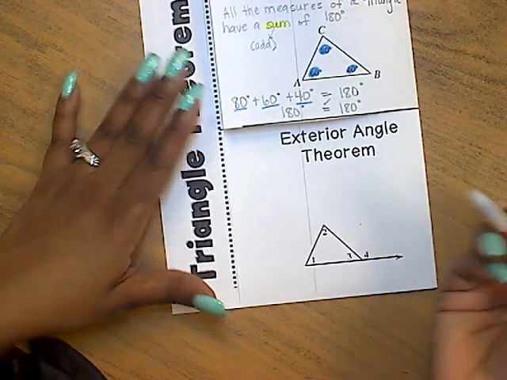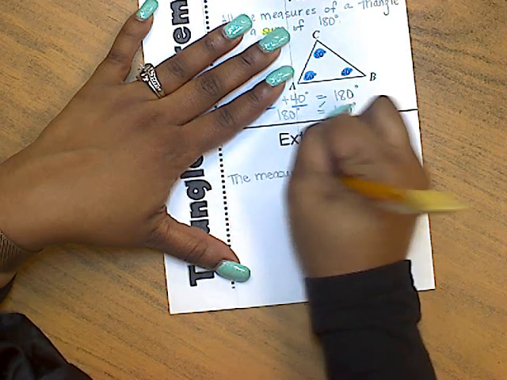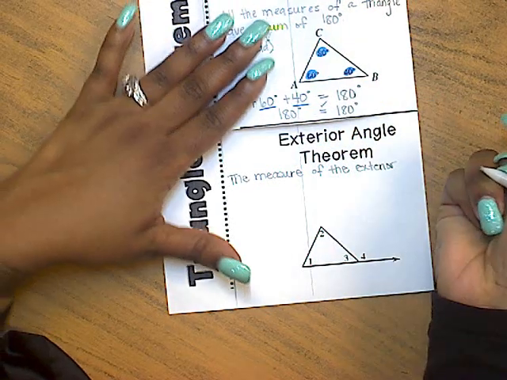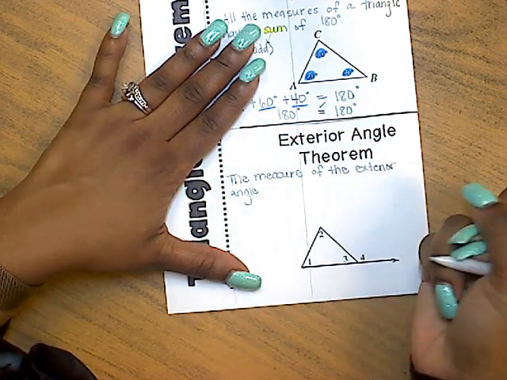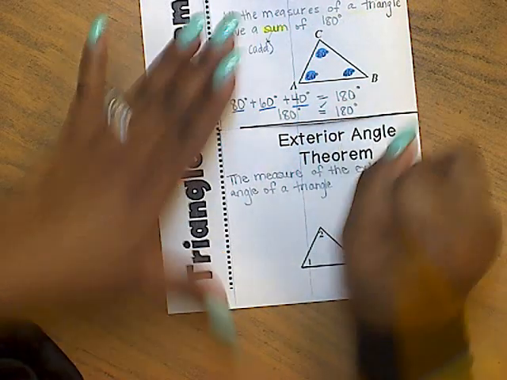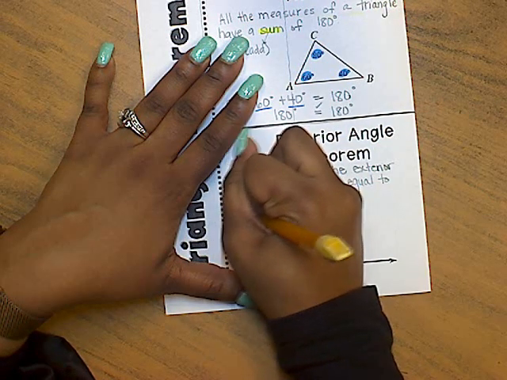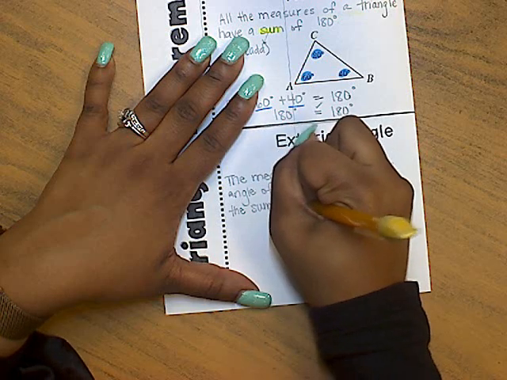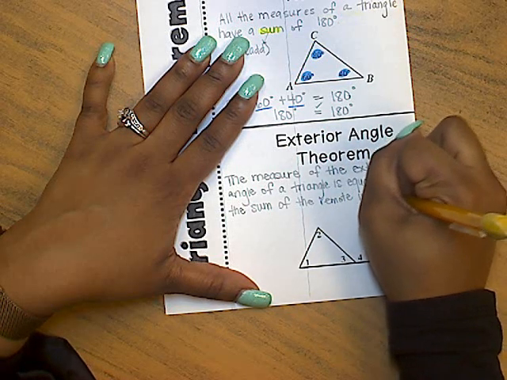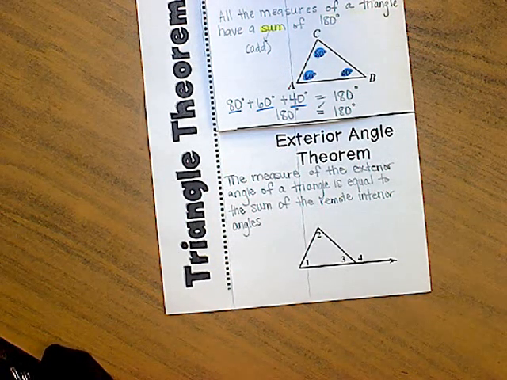It's going to be the measure of the exterior angle of a triangle is equal to the sum of the remote interior angles.